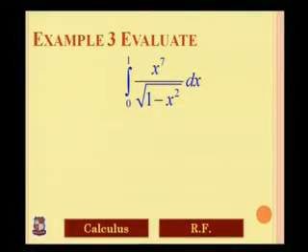Here we have solved 3 examples in which we saw how we can use the reduction formula to evaluate integrations. In the last example, the integral 0 to 1 of x raised to 7 over square root 1 minus x square dx is not in the standard form, but using the substitution method, we can convert it into the standard reduction formula.